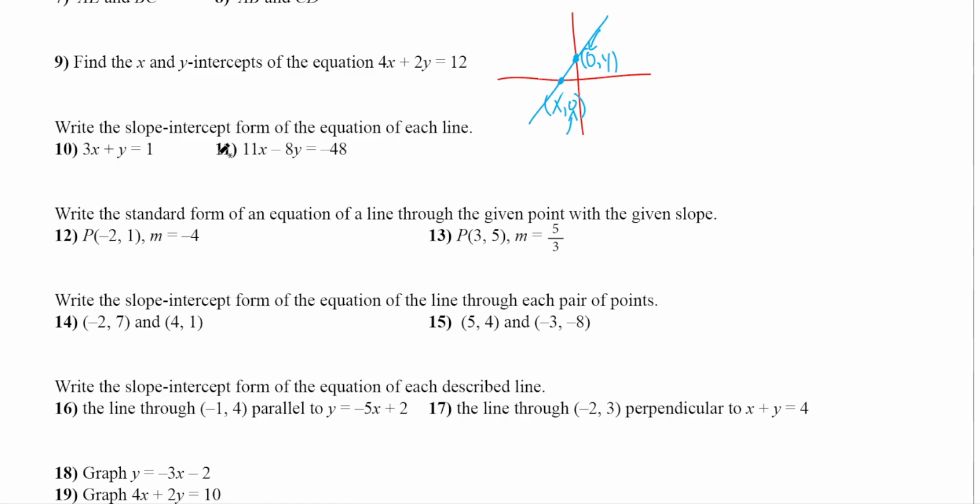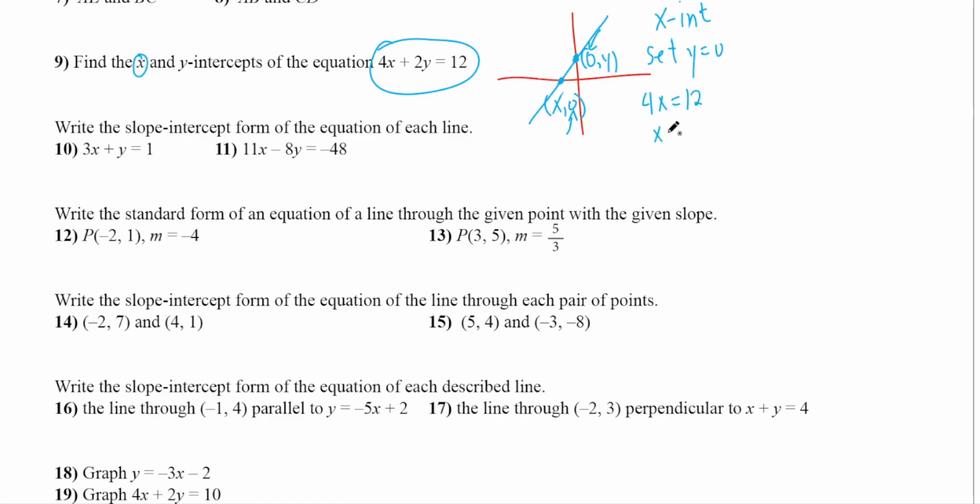So let's do it. If I want to find the x-intercept, what do I do? Set the y equal to 0 in this equation right here, okay? So you know what's going to happen to this. I don't have to write it down. What's 2 times 0? 0. So what am I left with? 4x equals 12.